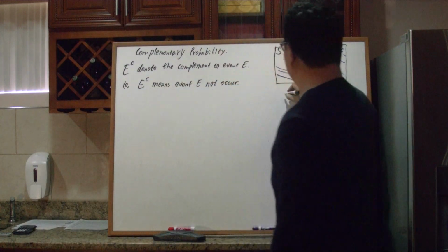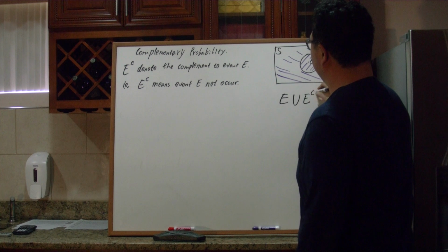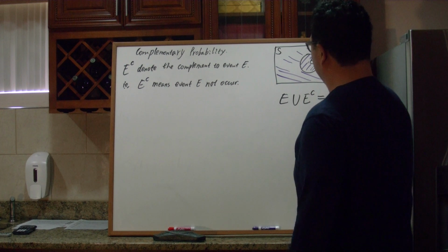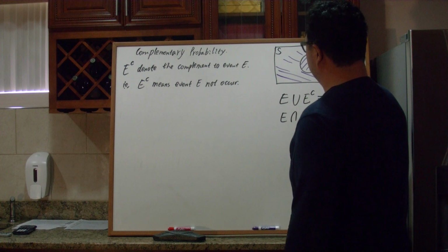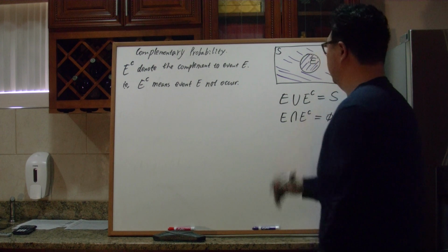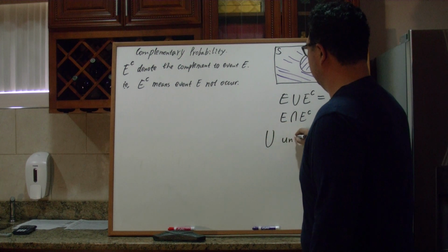Right, so the event E union together with the event E complement is our sample space, and the intersection together is empty. That notation is called the union.